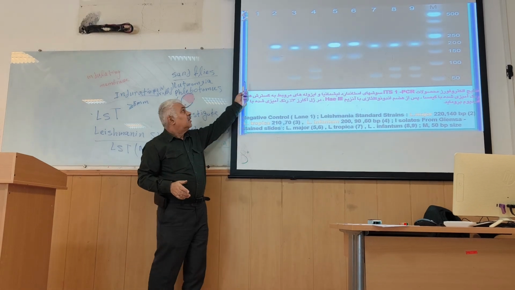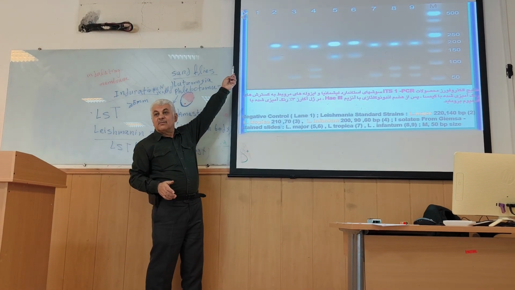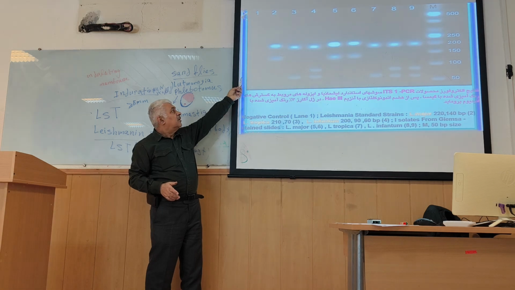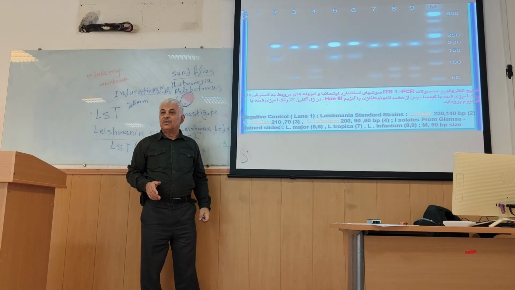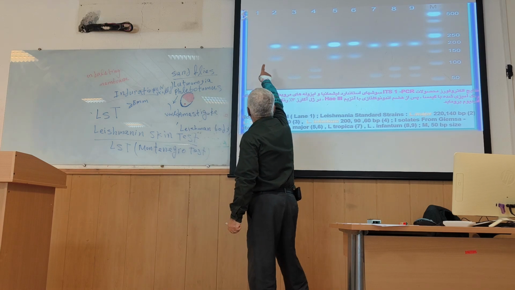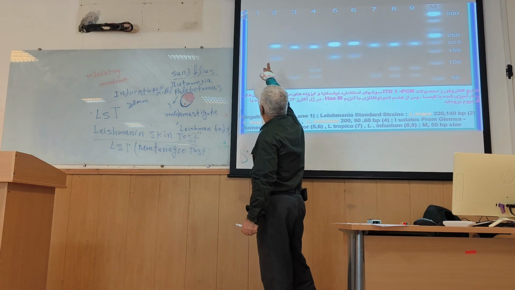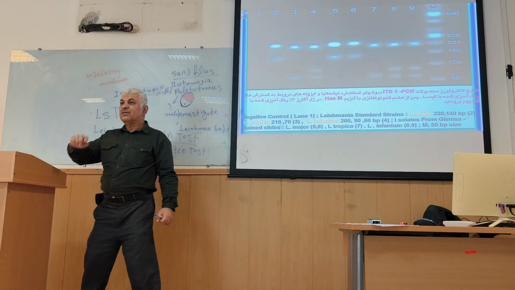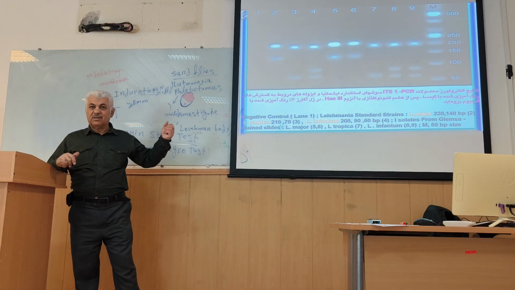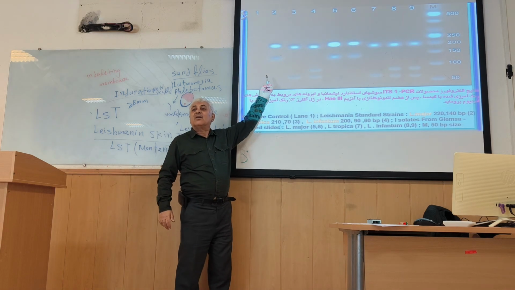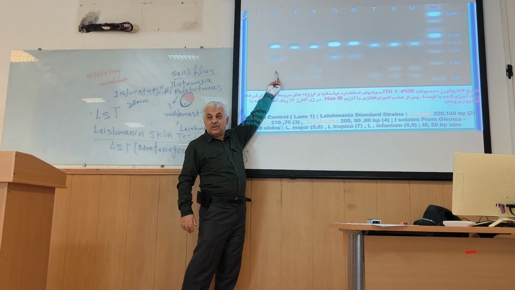As you see, lane 1 is the negative control. You don't see any pattern or lane in this. Lane 2 is the positive standard of Leishmania major.